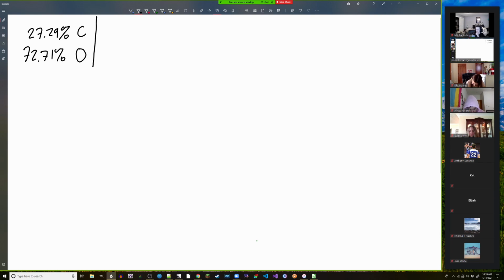If I make up 100 grams, say whatever this molecule is, I have 100 grams of it. If 27.29% of 100 grams is carbon, how many grams of carbon is that? I chose 100 to make the math incredibly easy. What do you guys think it would be?